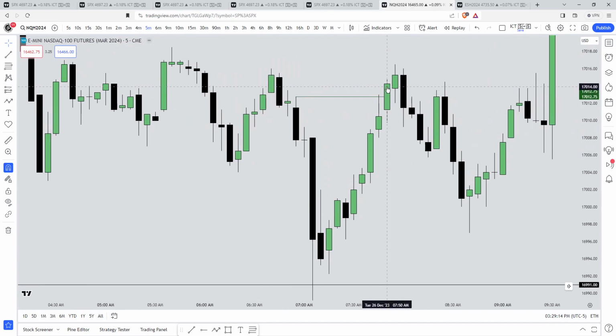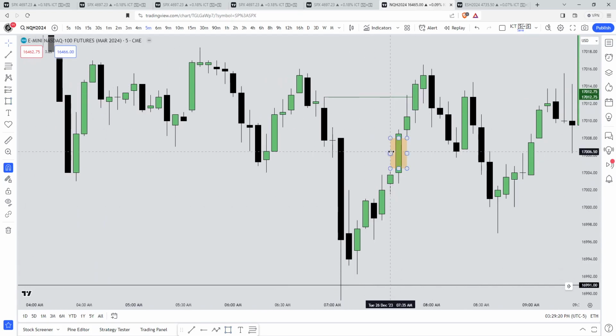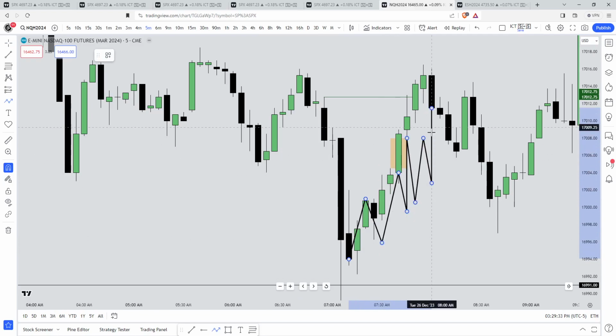If price closes above that, which it does right here, and creates a fair value gap in the price leg from low to high, again, it either needs to create the fair value gap in this price leg, or it needs to be overlapping up in here. The reason is that if it's just constantly chopping around, moving back and forth, it's not smart money's footprints for higher prices.